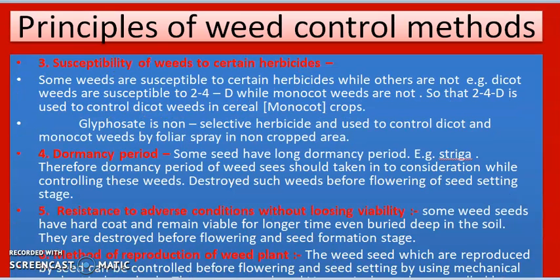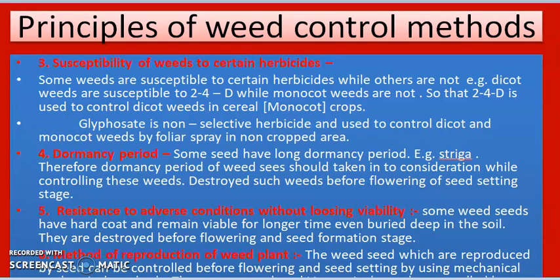Then the resistance to adverse condition without losing their viability. Some weed seeds have a hard seed coat and remain viable for long duration, and if they are buried in the soil they remain dormant. When these weed seeds are buried deeper into the soil, they easily grow in that field.